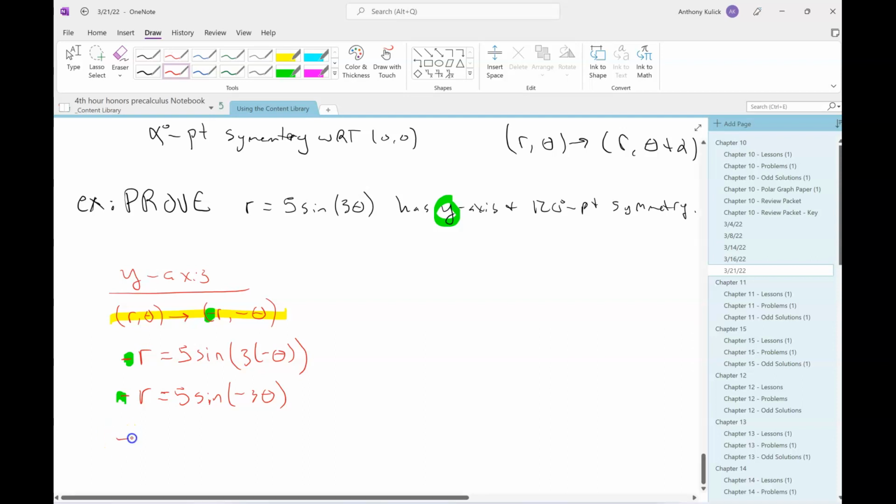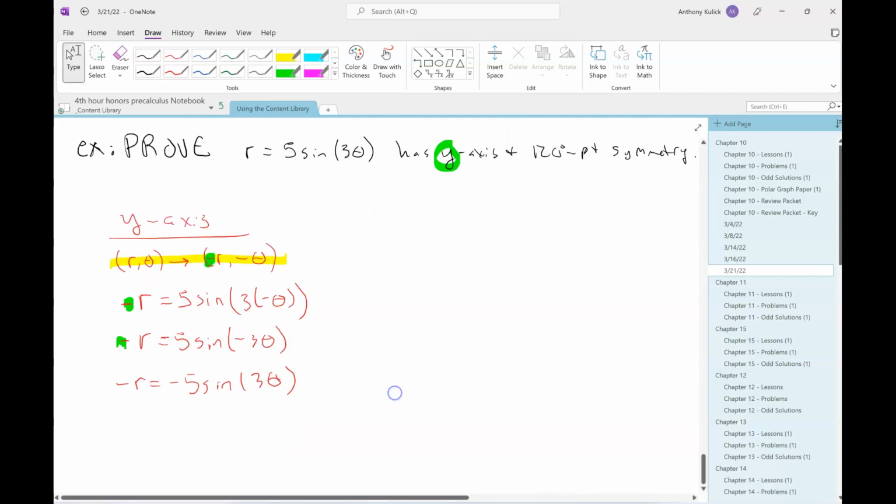That's what I'm using here, which allows me to pull that negative sign that was inside my sine out to the front. And if I divide both sides by -1 now, I'm back with the exact same thing I started with. So I'm done. I've shown the symmetry.